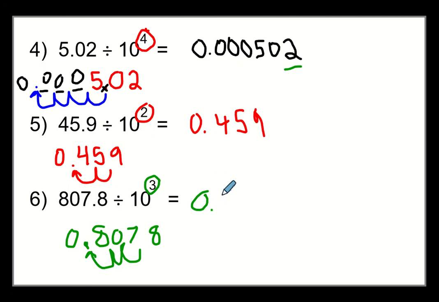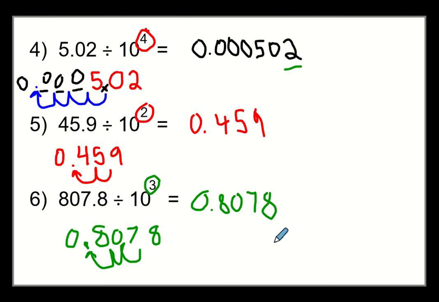And so 807 and 8/10 divided by 10 to the 3rd power gives us a quotient of 8,078 10,000ths.